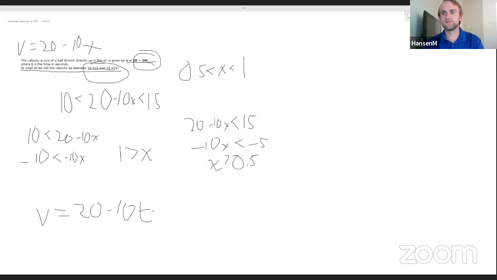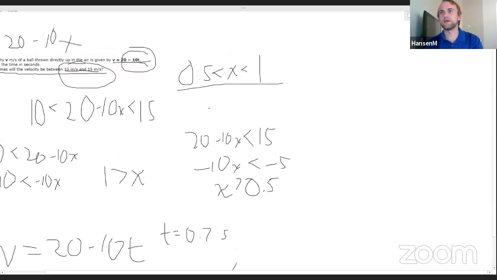Here we're going to say that t is equal to 0.75 seconds. I picked that value because it's between the range that we saw here. So v equals 20 minus 7.5, which equals 12.5 meters per second, which is between 10 and 15.